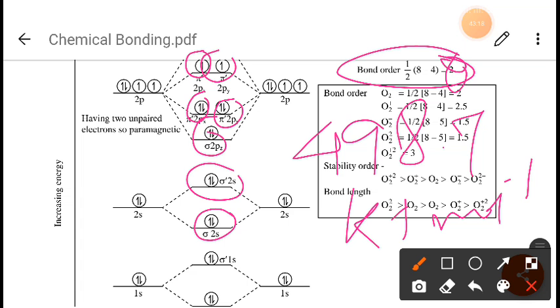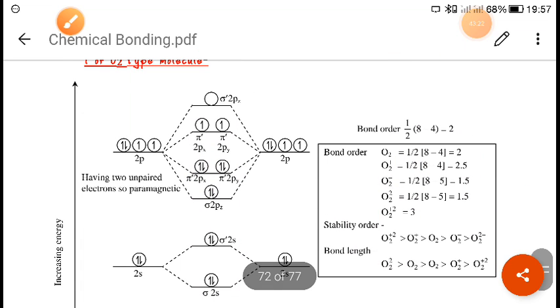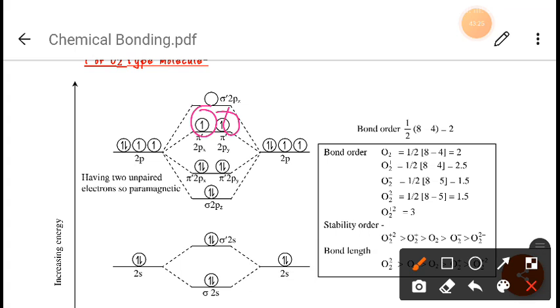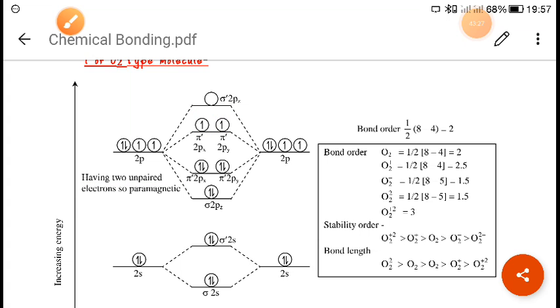Now as we have seen, there are two unpaired electrons, right? Since they have two unpaired electrons, they are called paramagnetic in nature.